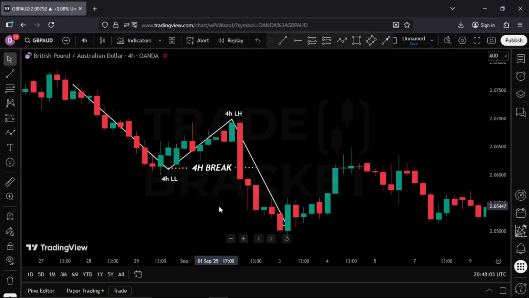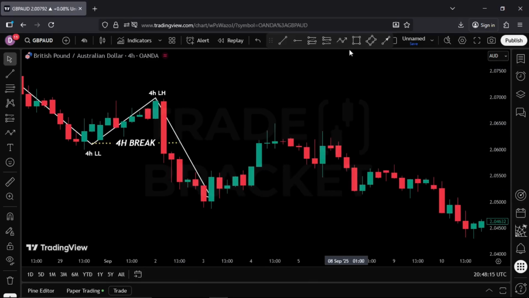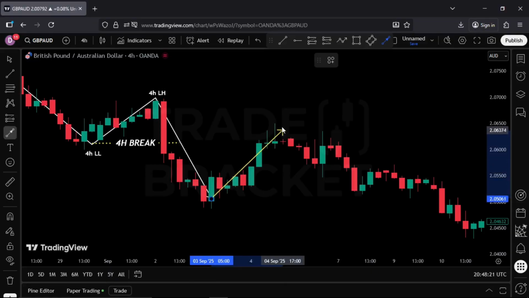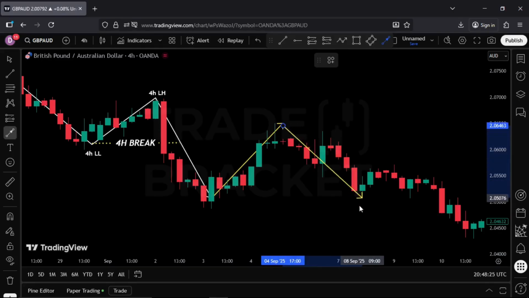Like I said, we broke this low right here, so our directional bias is to the downside. But the next move of the market from this point, we expect it to make a pullback, then continue to the downside.